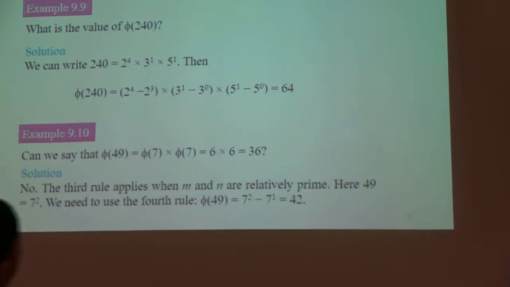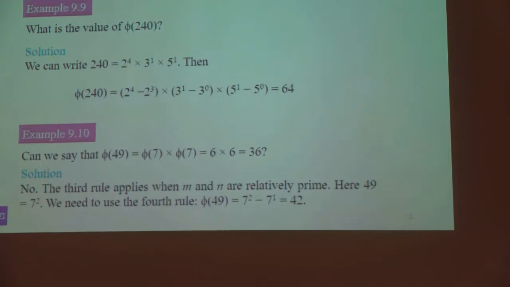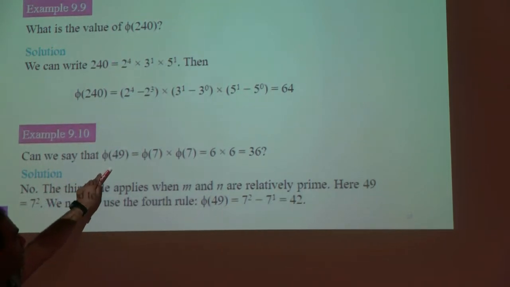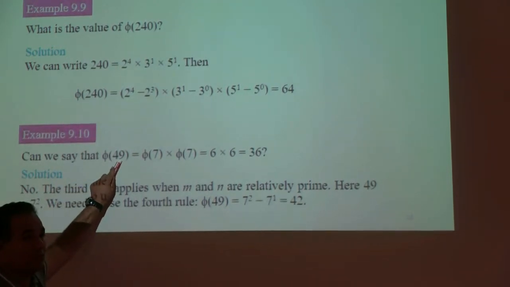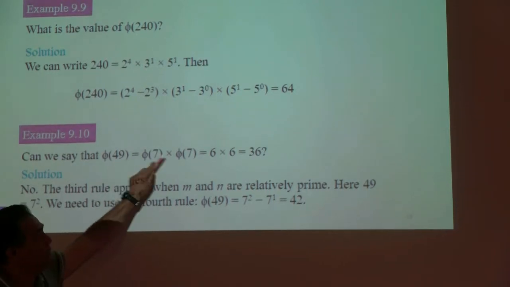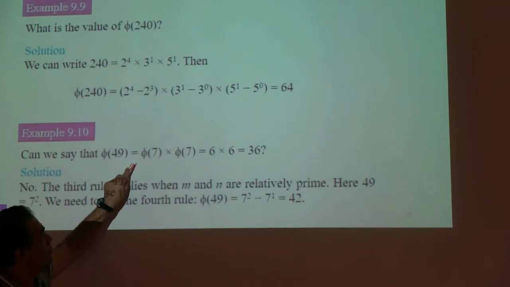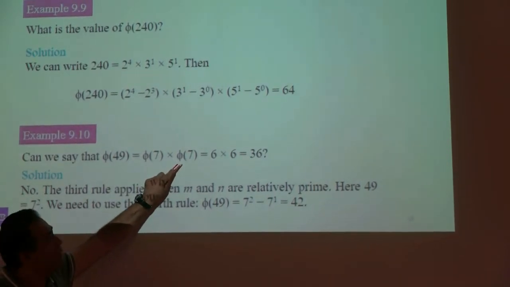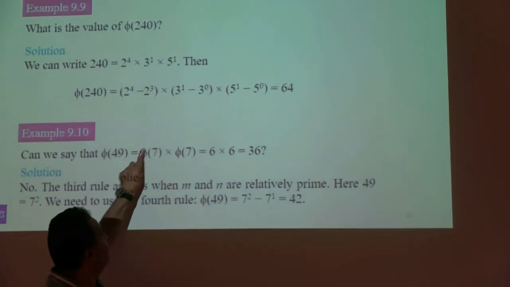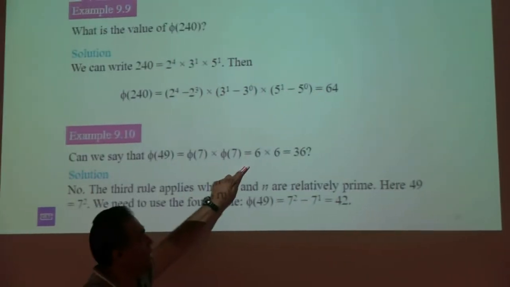Alright. So let's take another example. Say 49. So 49 equals what? 7 times 7, right? So a prime times prime, right? So what is phi of 49? 36?